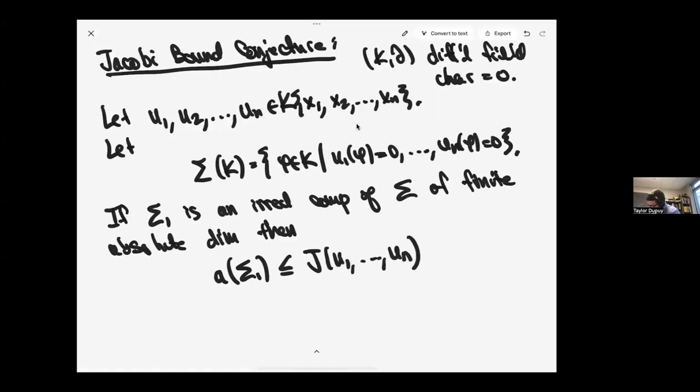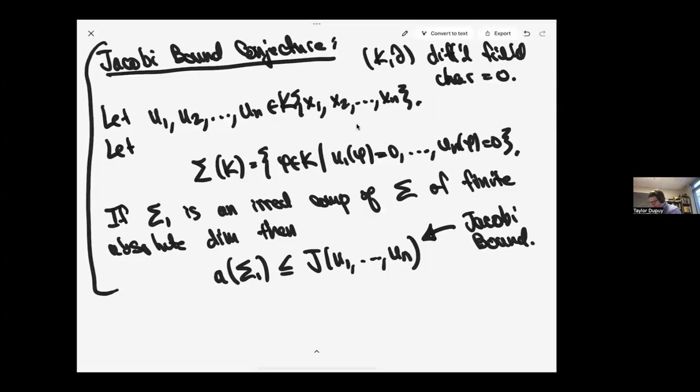Okay, so this is the Jacobi bound conjecture. This number here is the Jacobi bound.